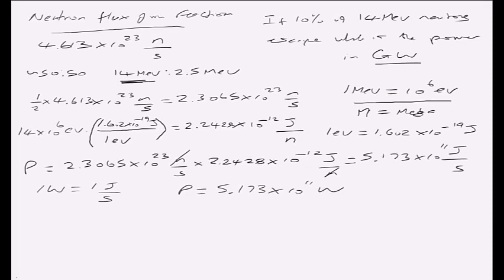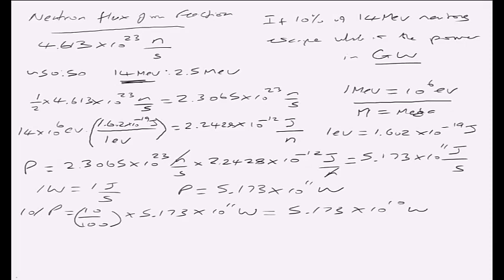Now we need to work out what 10% of that would be. 10% of this power is 10 divided by 100 times 5.173 times 10 to the power of 11 watts, which is equal to 5.173 times 10 to the 10 watts.